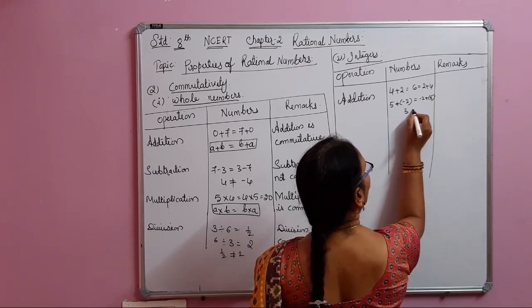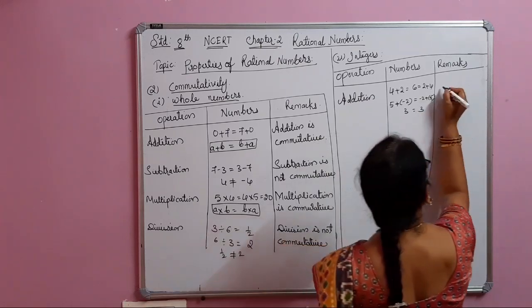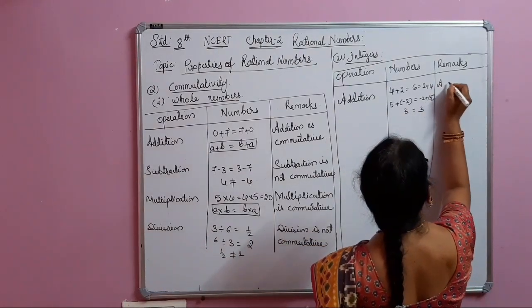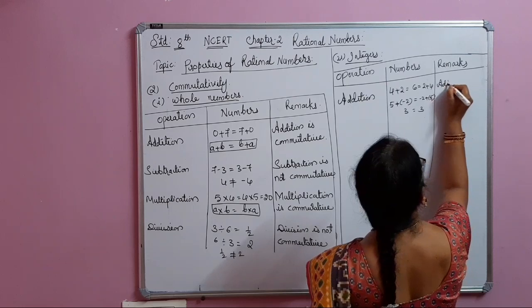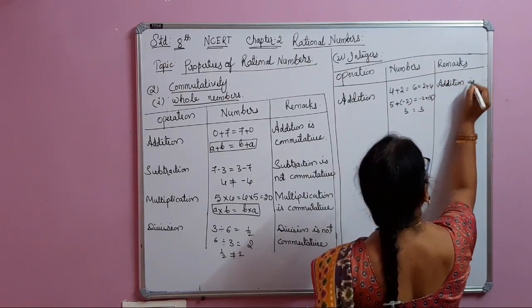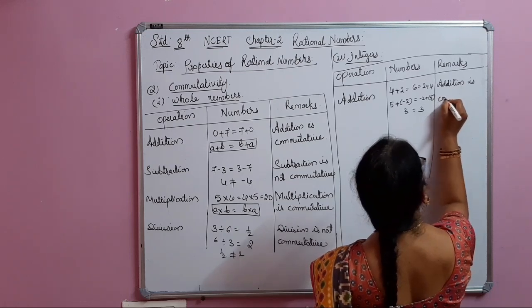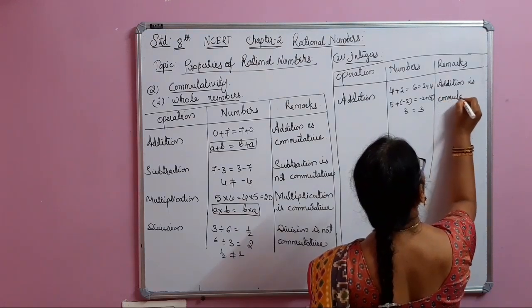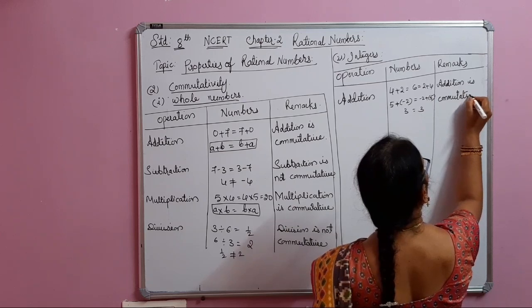This is 3, this is also 3. That means here also addition is commutative. Even for the integers, addition is commutative.